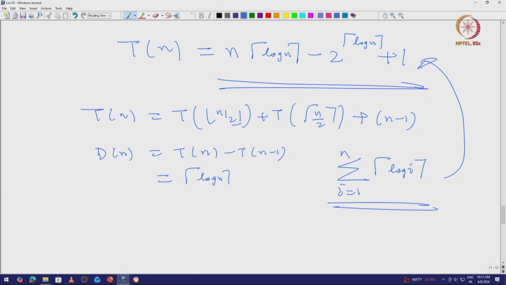Okay? So, to summarize, we have discussed 3 different approaches. The first one is to get a bound for powers of 2 or some suitable increasing infinite sequence, then use monotonicity and that will give you an upper bound.